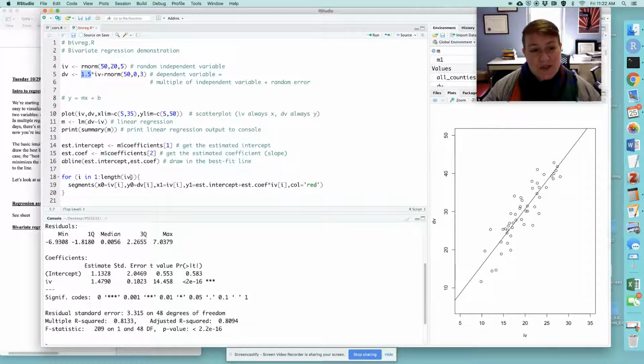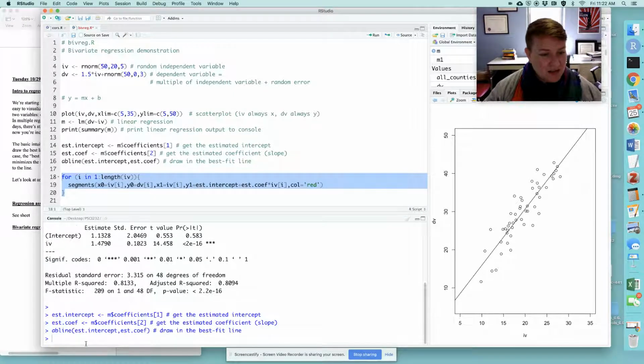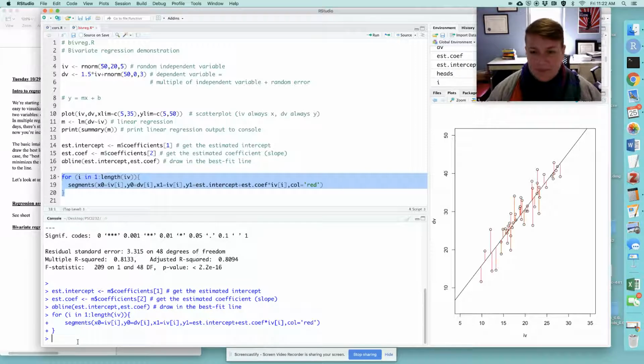For every observation, for i in 1 to the length of the independent variable, so again, there are 50 observations, I'm going to draw in red the vertical distance from that actual observation to the estimated line. So you can see what's going on here. I'm going to copy that in. There they are. The red lines are the vertical distances to the estimated line.